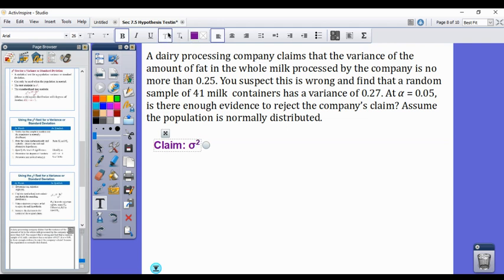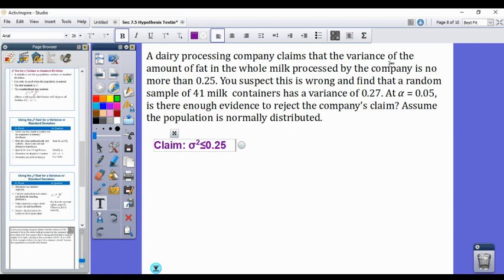So the variance is less than or equal to 0.25.